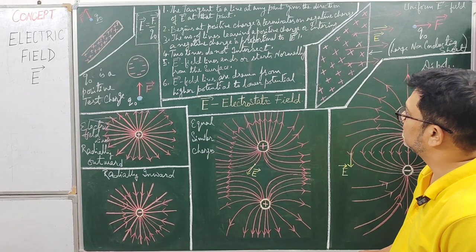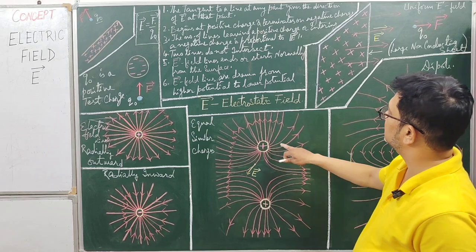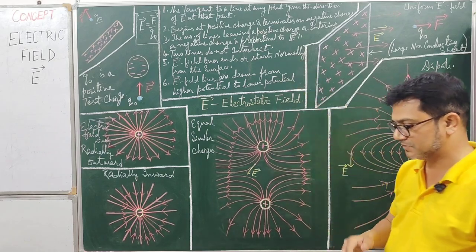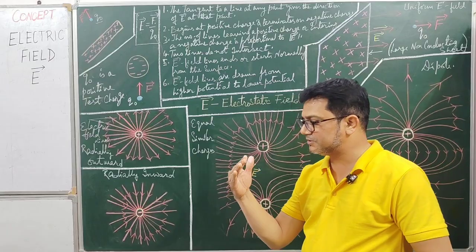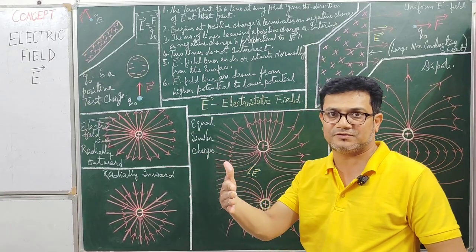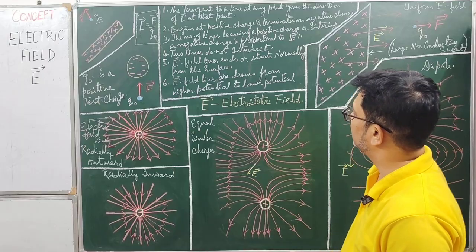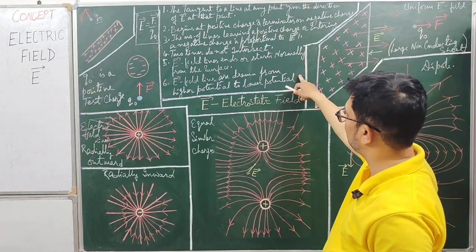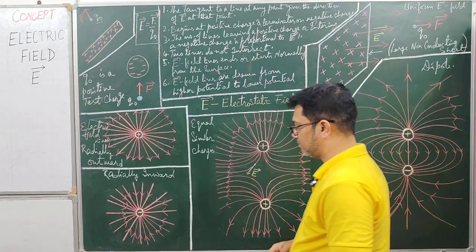Fifth point, the electric field lines start normally from the surface. So where it starts, you just ensure that it starts perpendicular to the plane of the surface. And the sixth point says, very important, electric field lines are drawn from higher potential to lower potential.